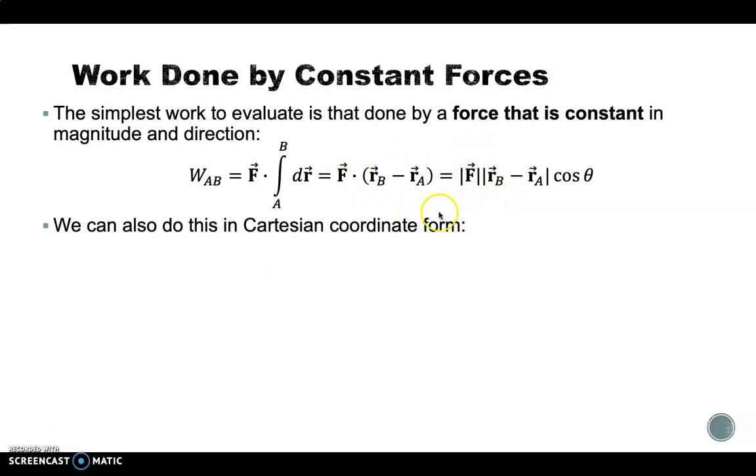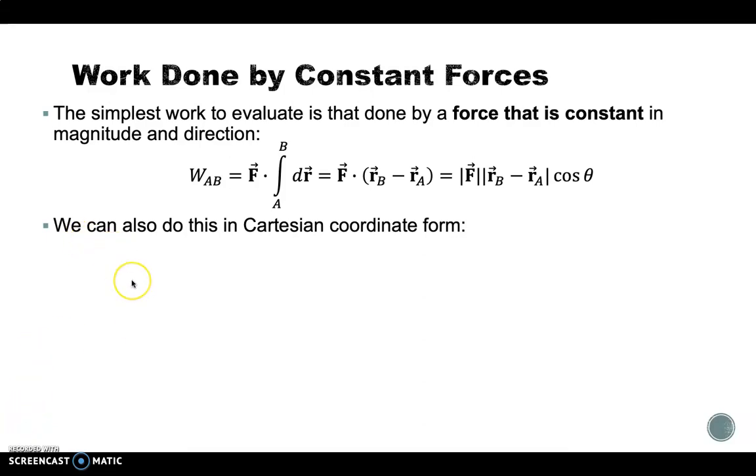And again, using what we just did in the last slide, we can say the magnitude of F times the magnitude of r_B minus r_A times cosine theta. So this represents our work by a force that is constant in magnitude and direction.